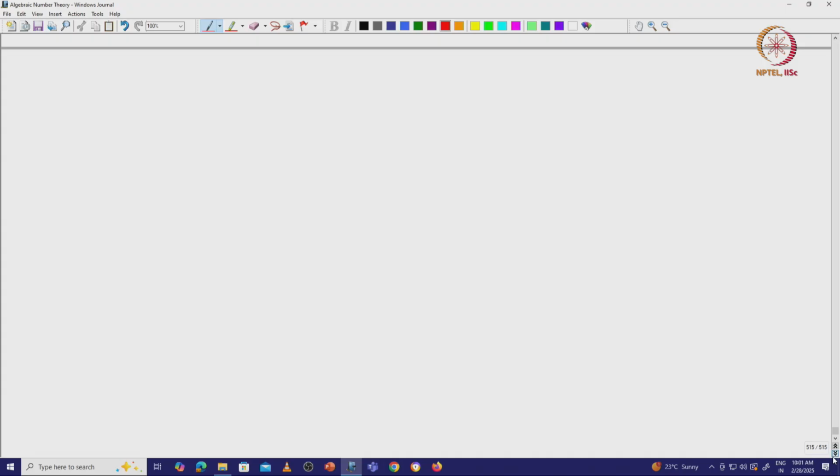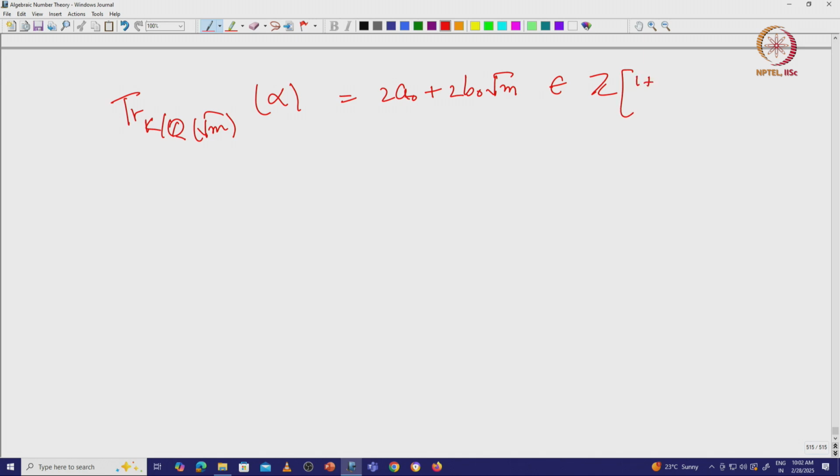Okay, so what I am going to do next is look at the trace, as we did last time, of this alpha, and this of course turns out to be 2a0 + 2b0√m, which belongs to Z[(1+√m)/2].